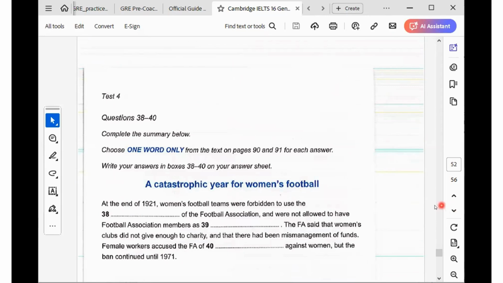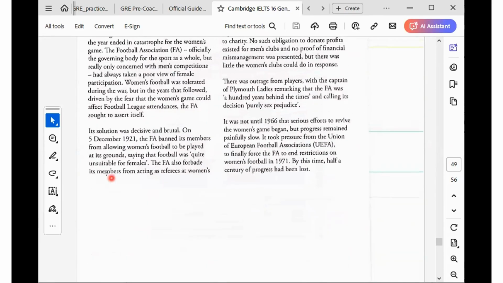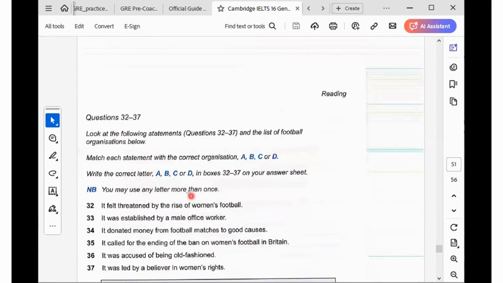We're not allowed to have Football Association members as dash. Let me go back to the passage. It says: the FA also forbade its members from acting as referees. Referees. That's the word.